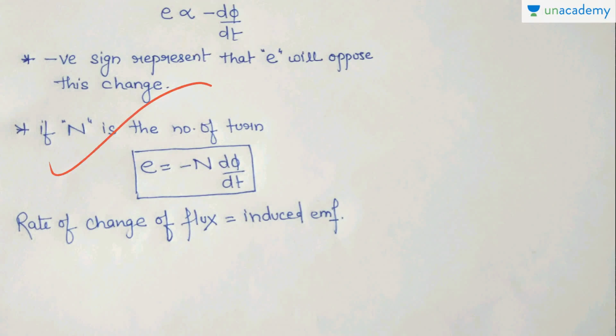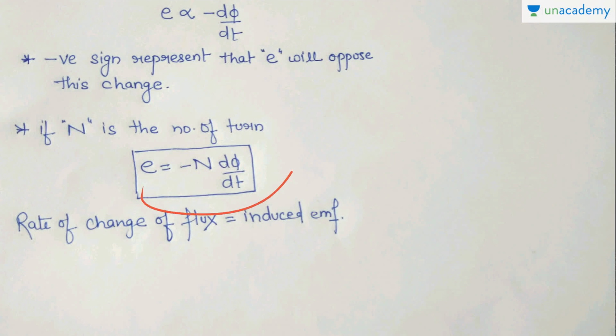Now if n is the number of turns, then all the turns will have equally generated EMF. So the net EMF is due to the EMF generated in all the turns of the coil.